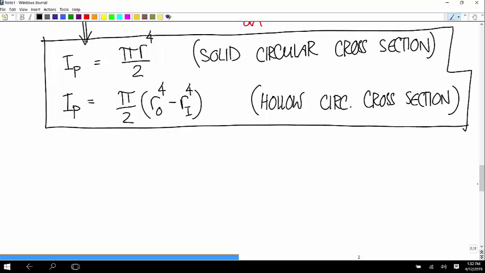All other tubular shapes that were circles, you have to go through the integral. No, so we are not going to use the polar moment of inertia for the thin-walled tubes. We'll have a whole different way of calculating it.